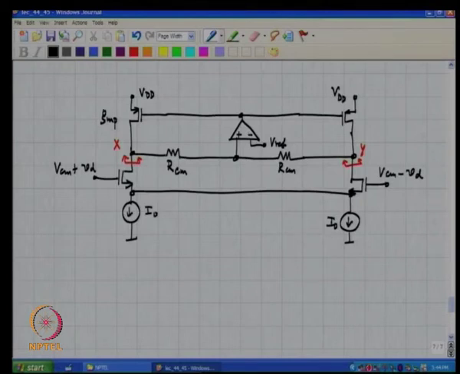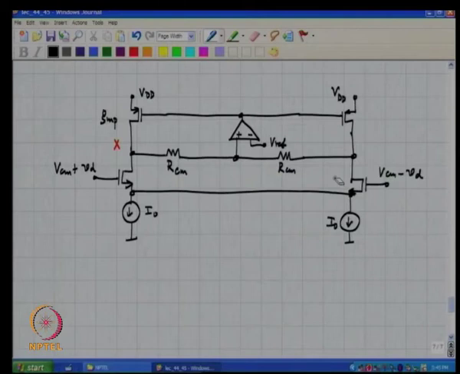So in the common mode equivalent circuit, what happens to RCM? No current flows through RCM in the common mode equivalent, which means that they can be replaced by short circuits, because the voltage drop across them is 0 only in the common mode equivalent, okay.